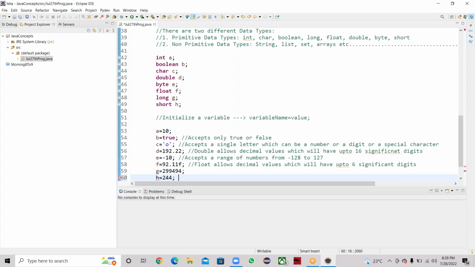Short allows a range of numbers from -32768 to 32767. Clear?